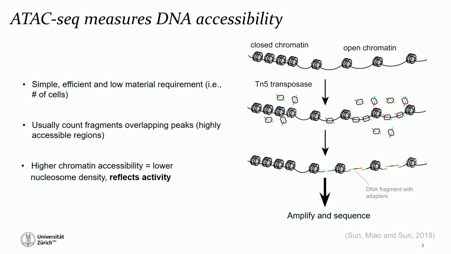Therefore, the chromatin accessibility can be measured by simply counting the fragments overlapping with a region. The regions we are interested in are called peaks, which are the identified highly accessible regions. More fragments overlapping with a peak means the peak is more accessible, and therefore more likely to be bound by transcription factors.